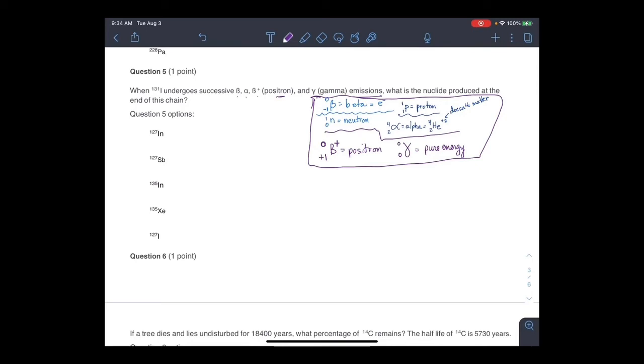So we've got I-131 and there are 1, 2, 3, 4, 5 emissions. So we would be stuck writing out 5 different reactions, but you don't have to. Write it as one reaction. So here we go. I-131 undergoes, it gives off a beta, an alpha, a positron.